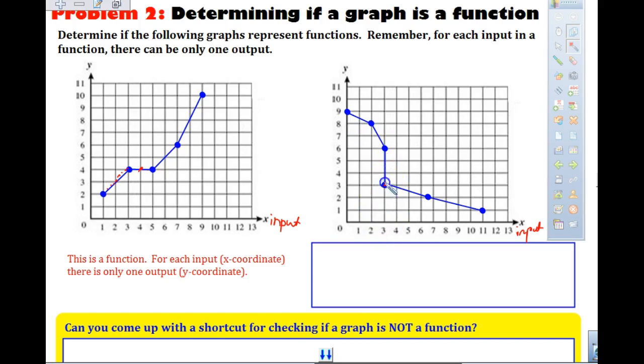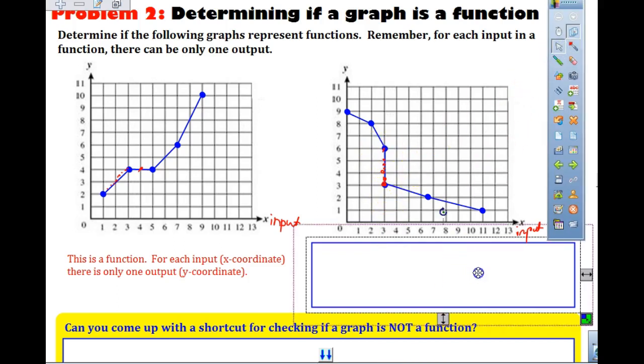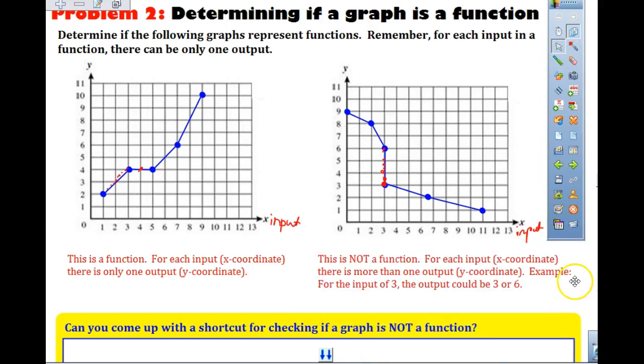At 3, I could have 3, I could have 4, I could have 3.5, I could have 4.1, 4.3. All of these values for an input of 3 are going to be my output. Because there are many values on this vertical line, is this one going to be a function? We would say, no, this one is not a function.